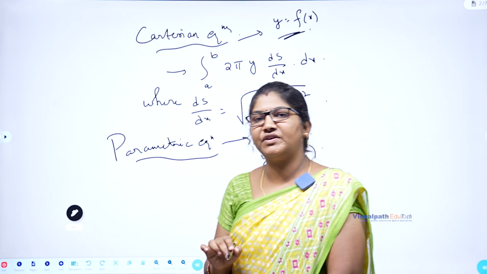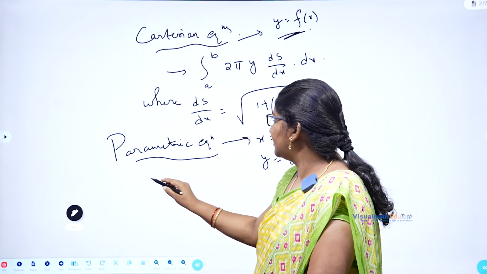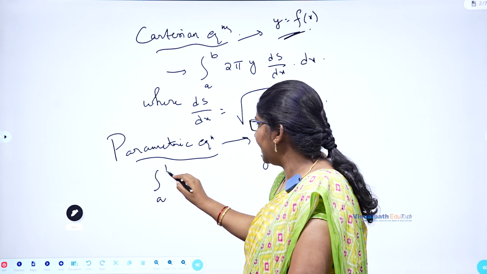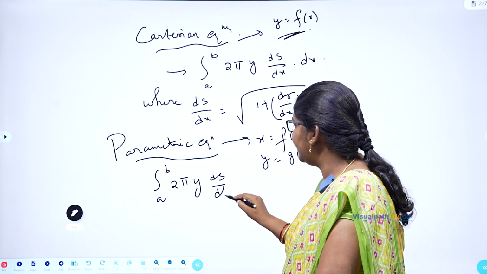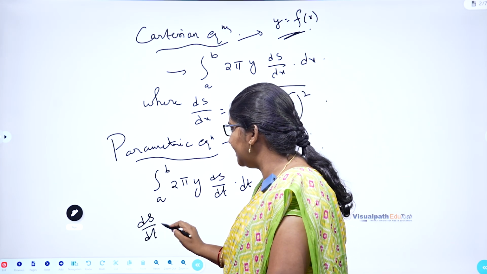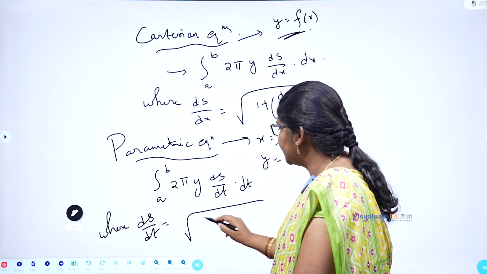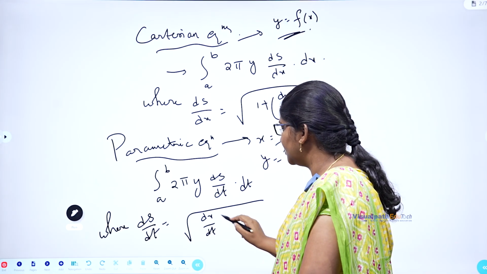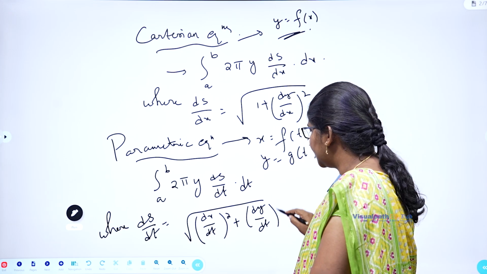Then the formula will be integral a to b 2 pi y ds by dt into dt, where ds by dt will be under root dx by dt whole square plus dy by dt whole square.